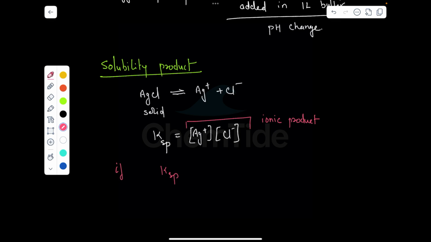If Ksp is greater than or equal to the ionic product, no precipitate will form. But if it is lesser than the ionic product, precipitate forms.